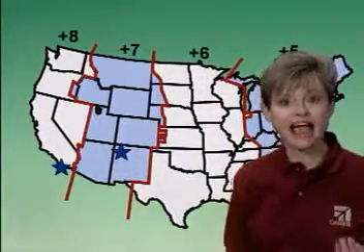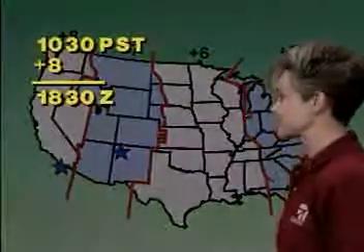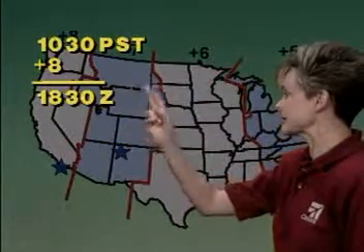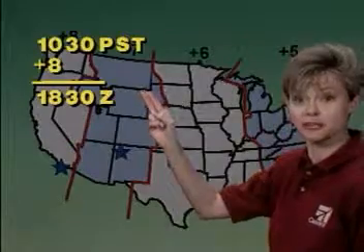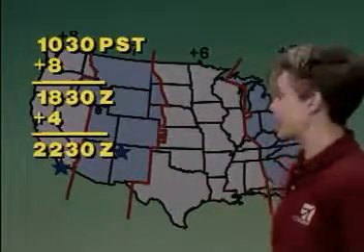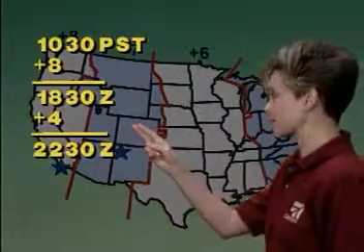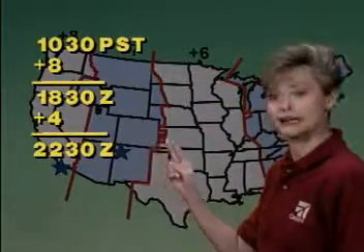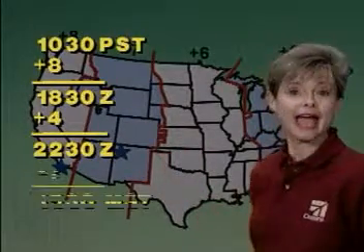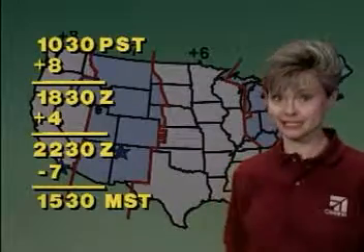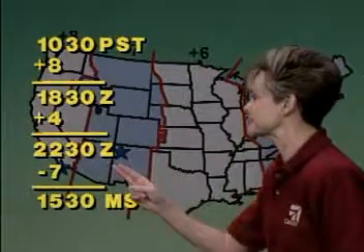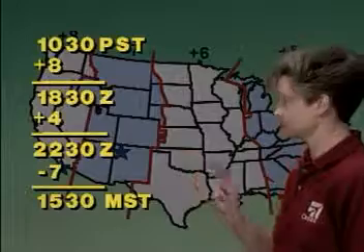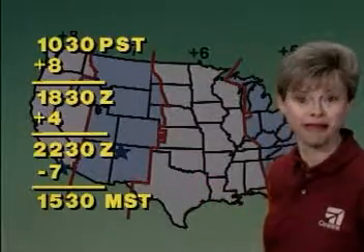So first, add 8 hours to Pacific Standard Time to get 1830 Zulu as your departure time. Then add 4 hours for the length of the flight, and you'll arrive at 2230 Zulu. And finally, to convert to Mountain Standard Time, subtract 7 hours to give, yes, you've got it, 1530 Mountain Standard Time.